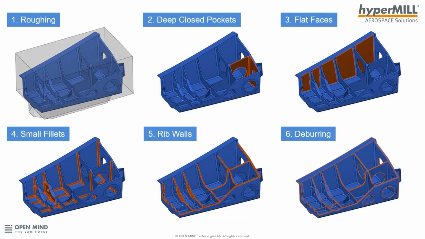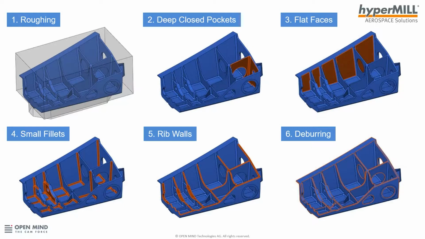So let's start with the roughing. As I said earlier, there's a lot of material to be removed from these parts. So there are different techniques for roughing, and I'm going to show you two different techniques here and briefly touch on how we can use them in different ways. Then I'm going to look at what I call deep closed pockets. These are pockets which are difficult to get access into, usually in one direction, and how do we efficiently remove material in these pockets?